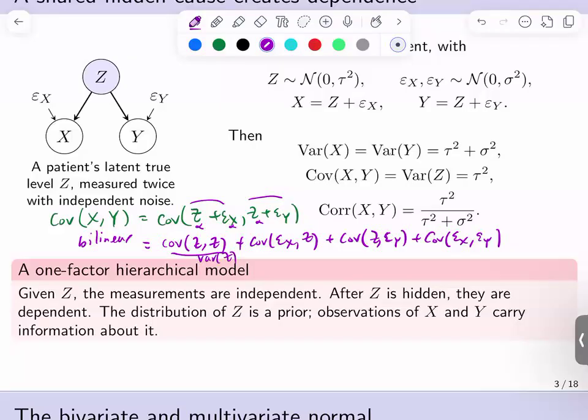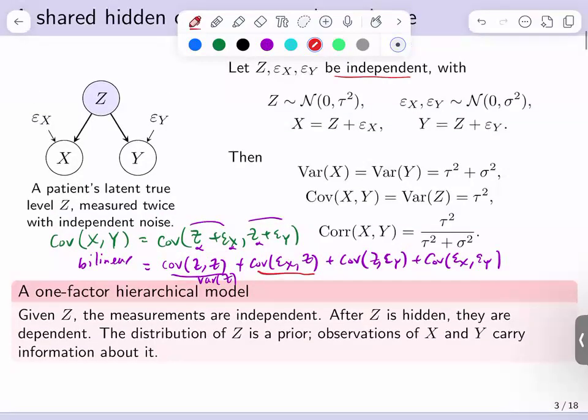How about the other terms? If I have two random variables that are independent, they're all zero because the errors are not correlated, or I assume that the three are mutually independent.